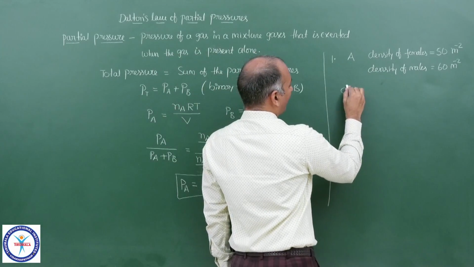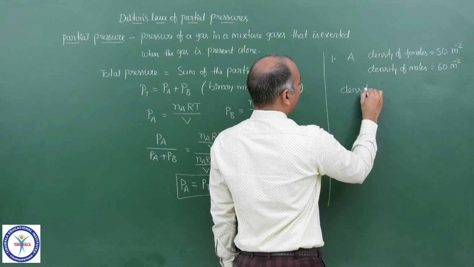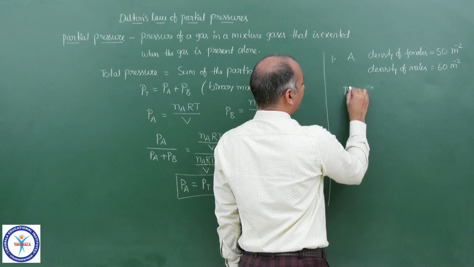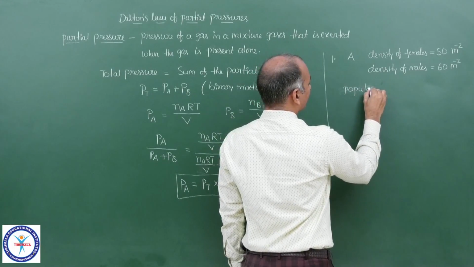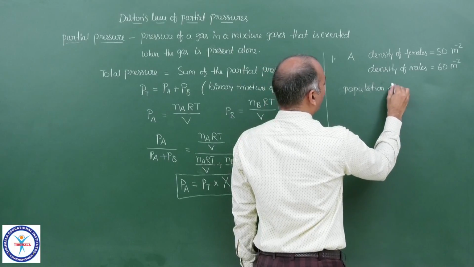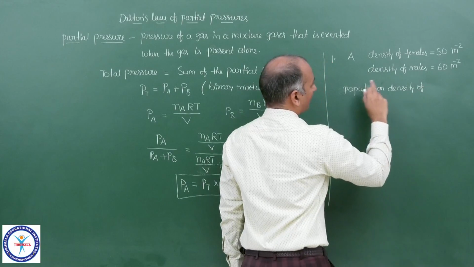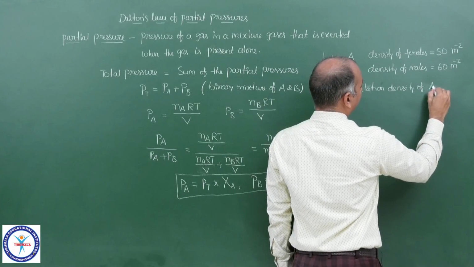Now then, what is the density of the country A? What is the population density of the country A? Total population. What is the population density of that country A?